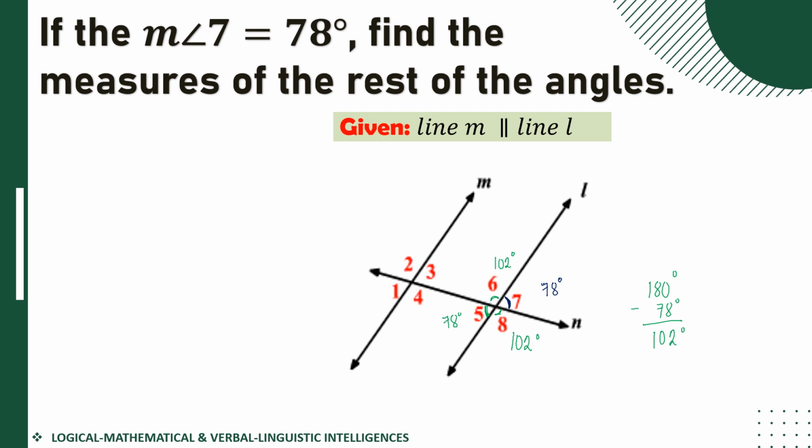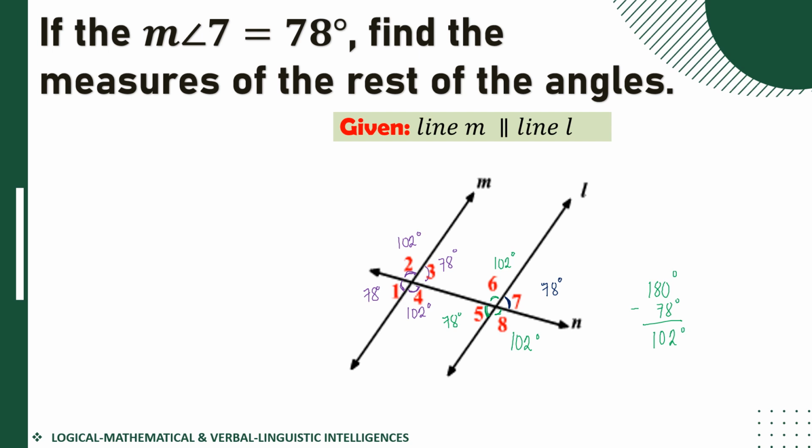So as mentioned a while ago, alternate angles are congruent. So if angle 6 is 102, therefore angle 4 is 102 degrees as well, while angle 3 is 78 degrees. Hence, for angle 1, it's vertical with angle 3, so it's 78 degrees. And angle 2 is vertical angle with angle 4, that means it's 102 degrees.